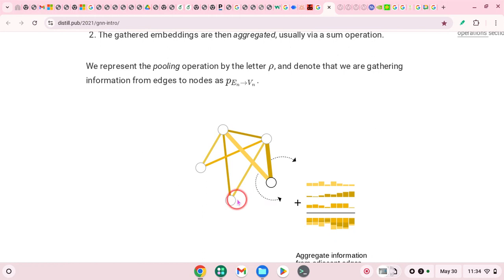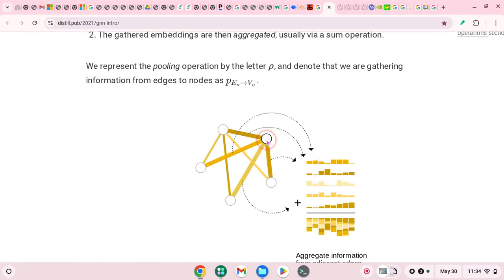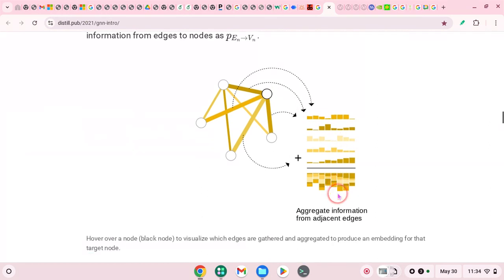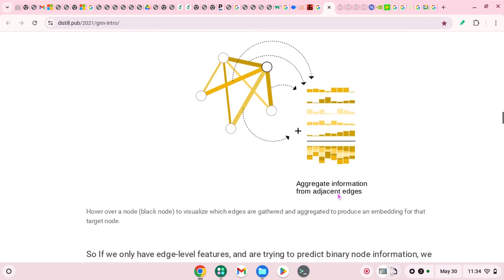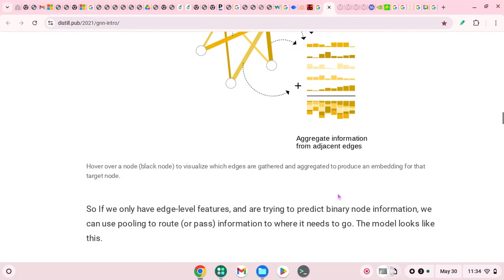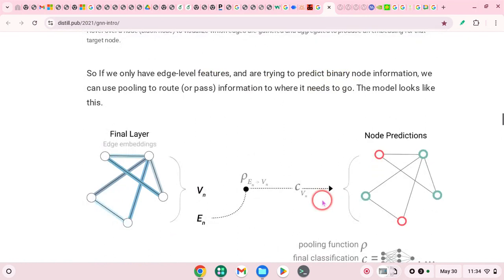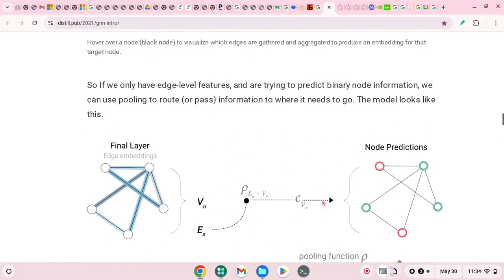So for this, the next level of complexity is introduced, where each node uses its neighboring node information for aggregating and pooling, and that aggregated information is utilized at the final level to make the prediction.